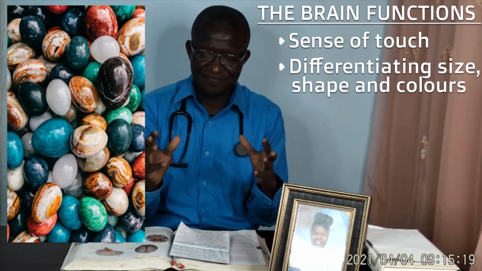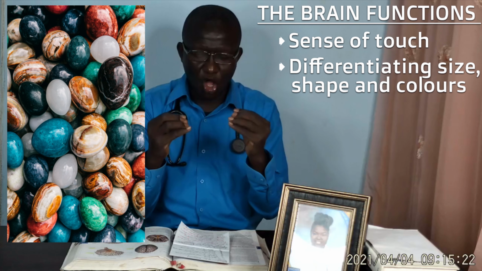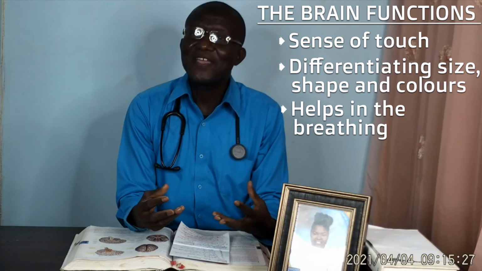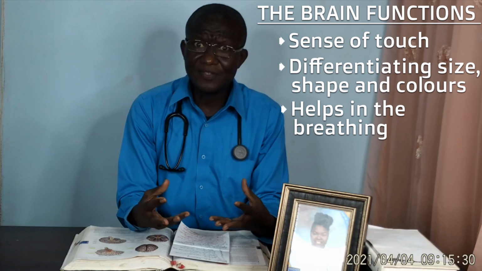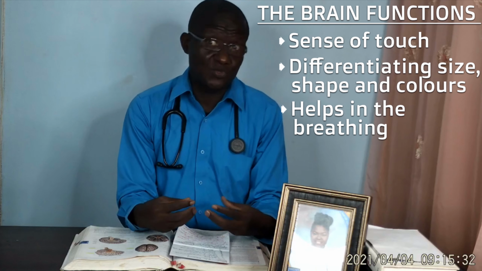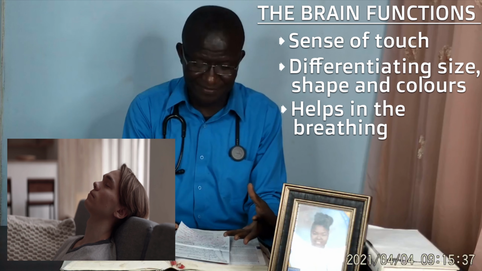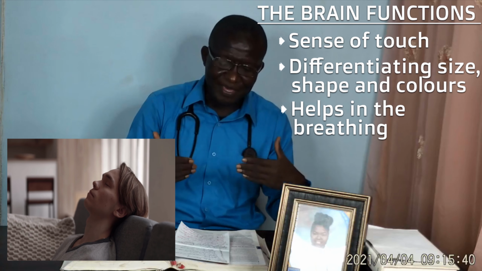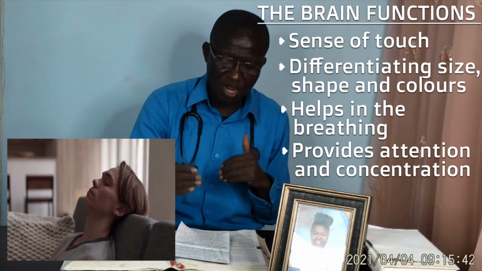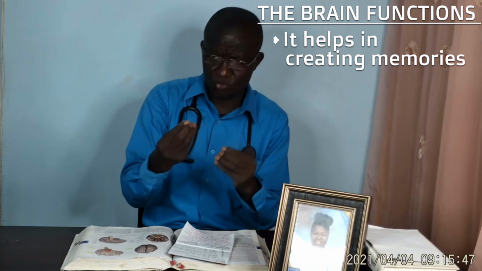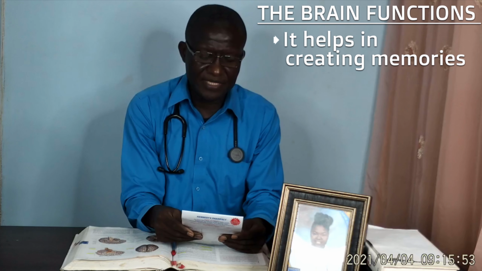To differentiate the shape of the object, the size, the colors of the object, we need a brain. To breathe, even though it's involuntary, the involuntary action that we do, you sleep, you still have to breathe. You sleep, your heart still needs to beat. So brain is behind sleeping, attention, concentration, heart rate, sleep and wake, memory, to store things in our memory, to retrieve what we store in our memories.